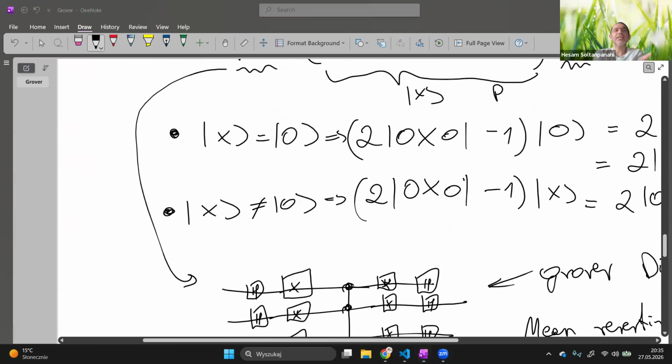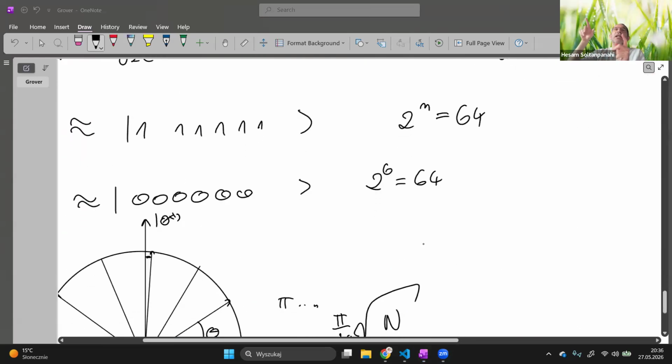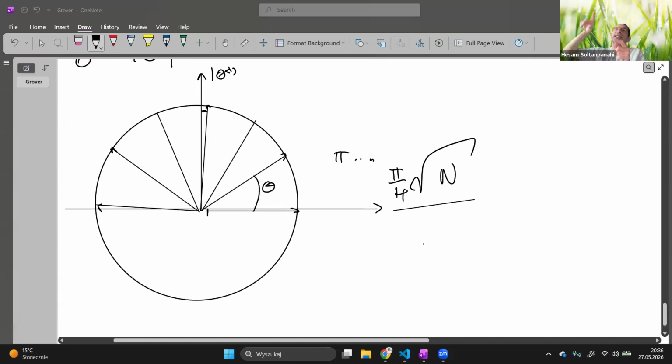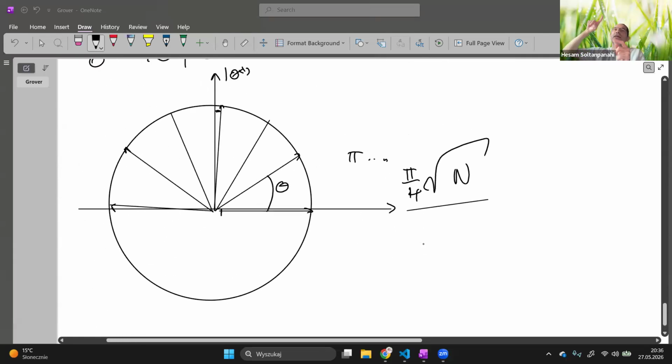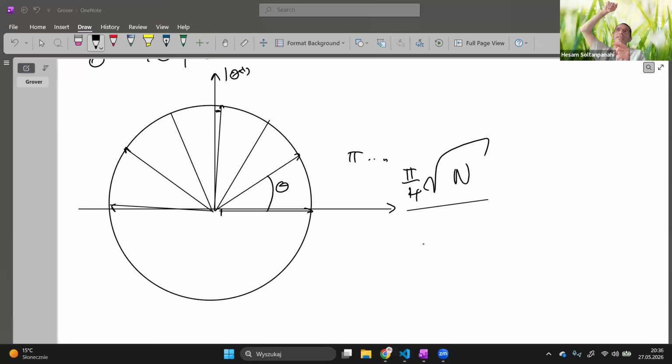But in practice, is it possible to run and measure and see, to keep running until my probability gets higher and higher, and as soon as it gets lower, I stop and go back to the previous one?